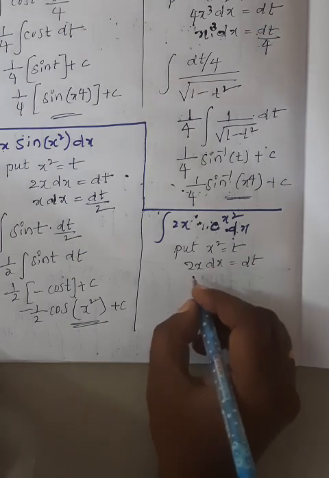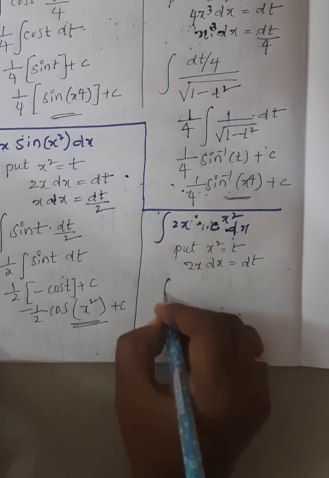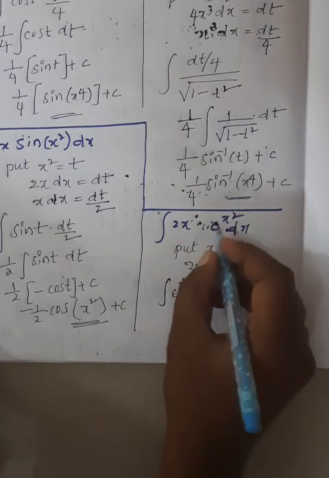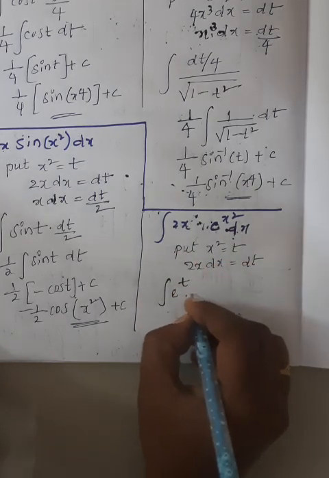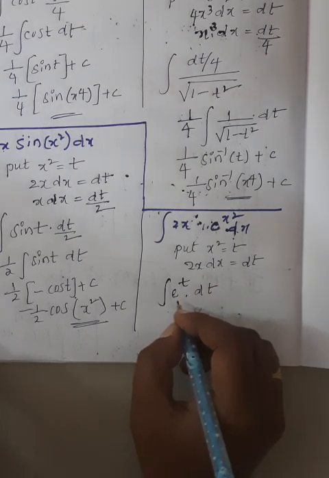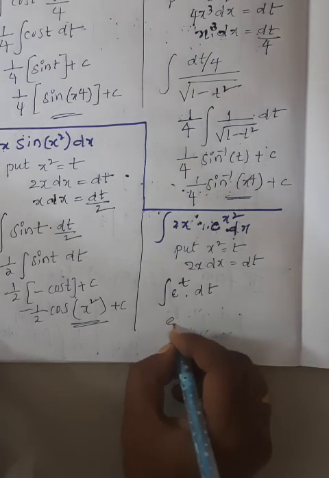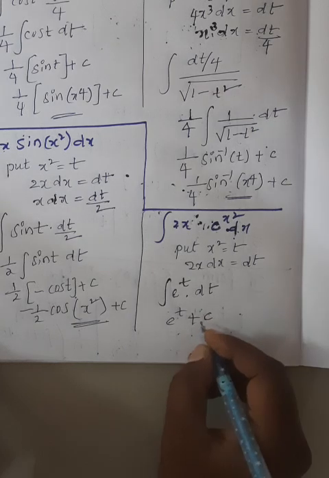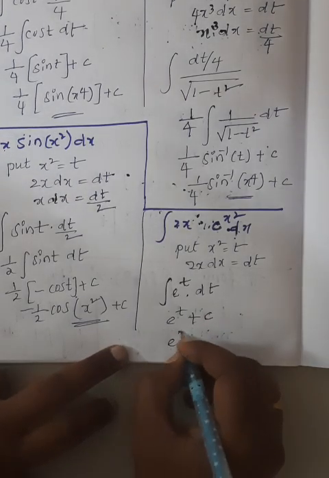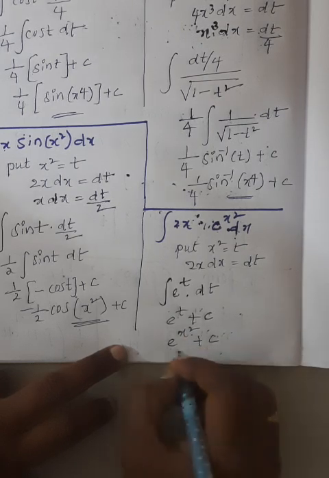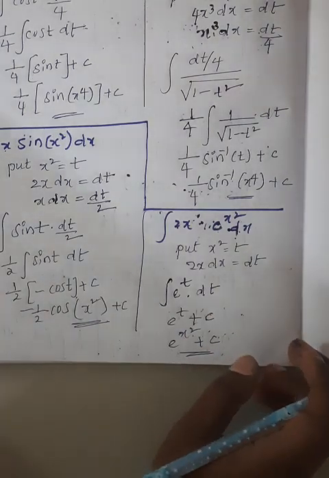Then after substitute in the question, integration of e power x square is e power t. 2x dx will become dt. Now integration of e power t is again e power t only. After getting the answer, you have to replace t with x square, which is our final solution.